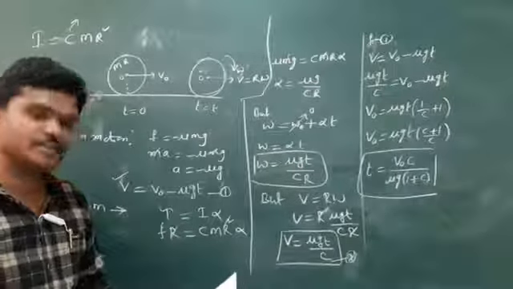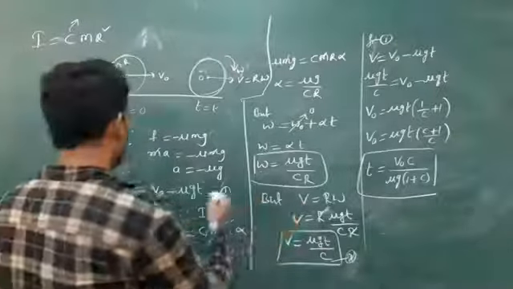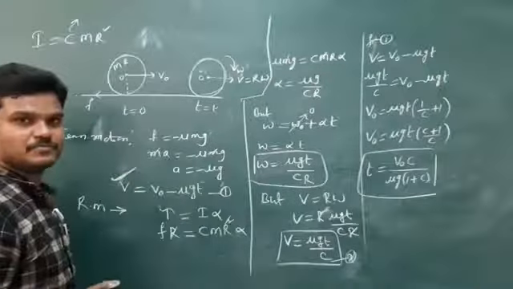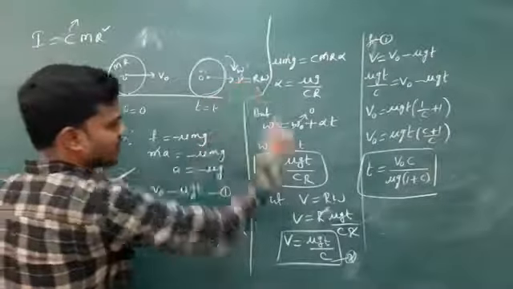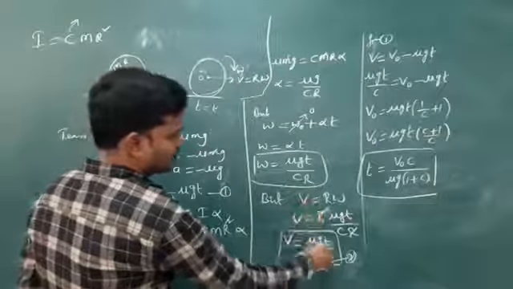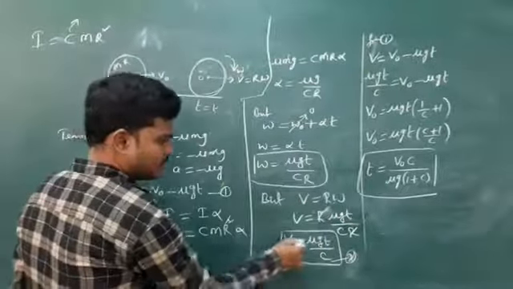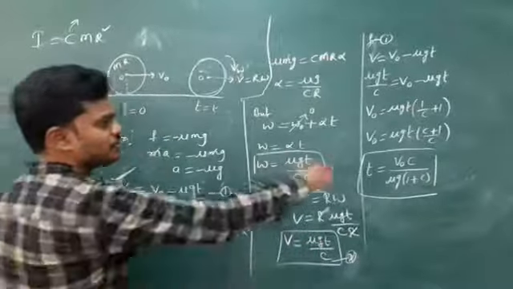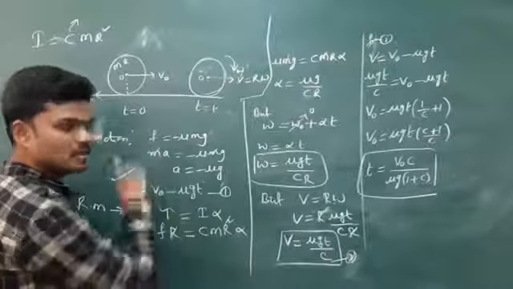So t is v naught c by μg(1+c), and by using this time, we will get the speed, the v value. Of course, we got speed as v = μgt/c. This is the formula in terms of time. If you substitute this time in equation 1, you will get one more answer.